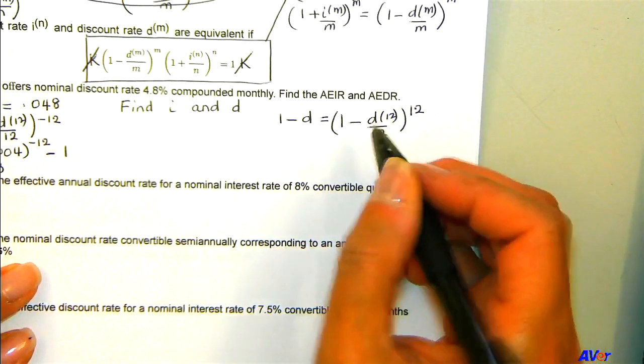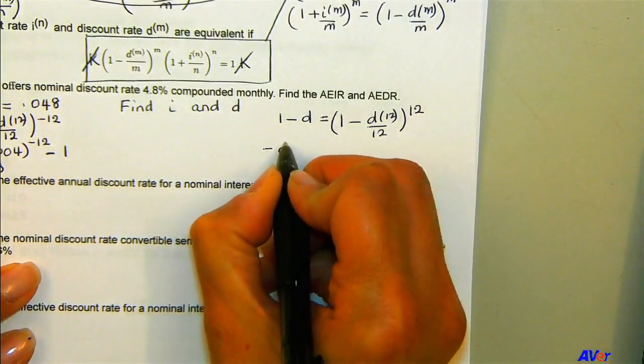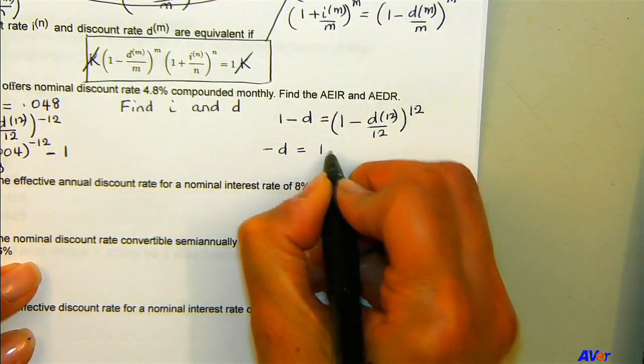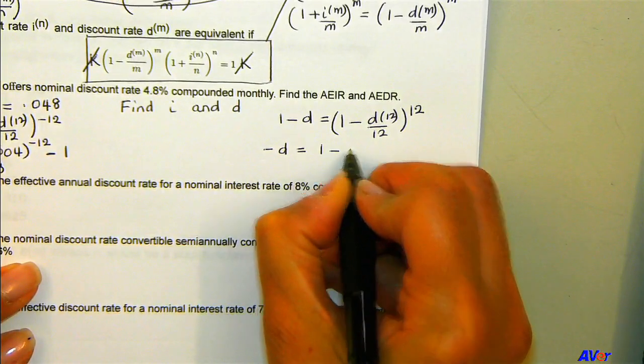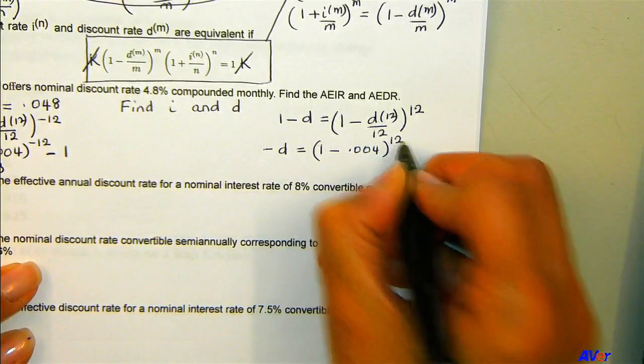So 1 minus d equals (1 minus d^(12) over 12) to the 12. So d equals 1 minus (1 minus 0.004) to the 12.